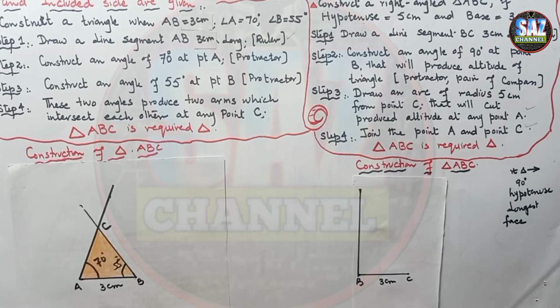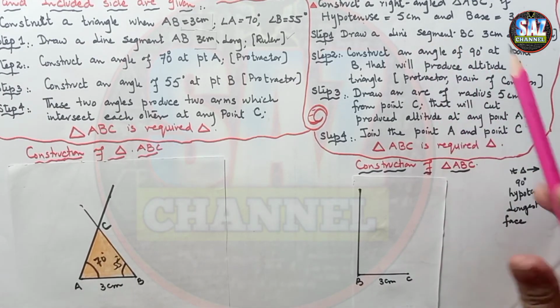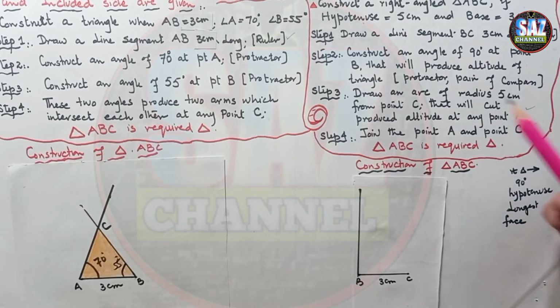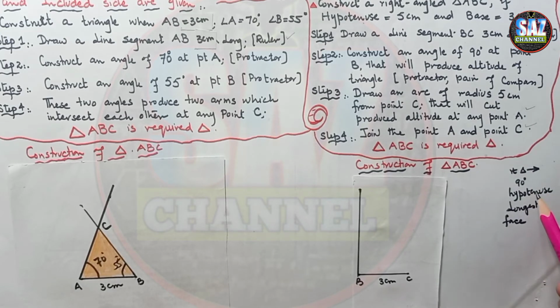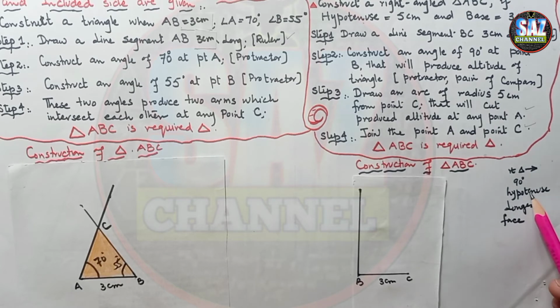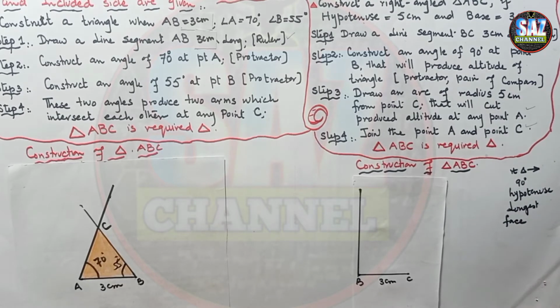And now we have to construct the hypotenuse, which is 5 centimeter long. We know that a right triangle is a triangle in which one of the angles is 90 degree, and the hypotenuse is the side opposite to the 90 degree angle, and it's the longest side.